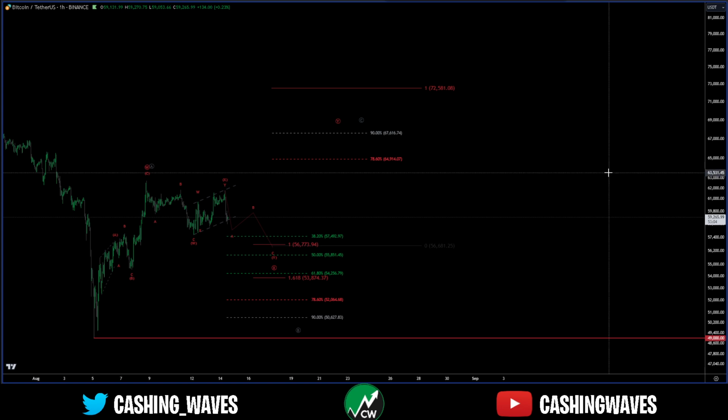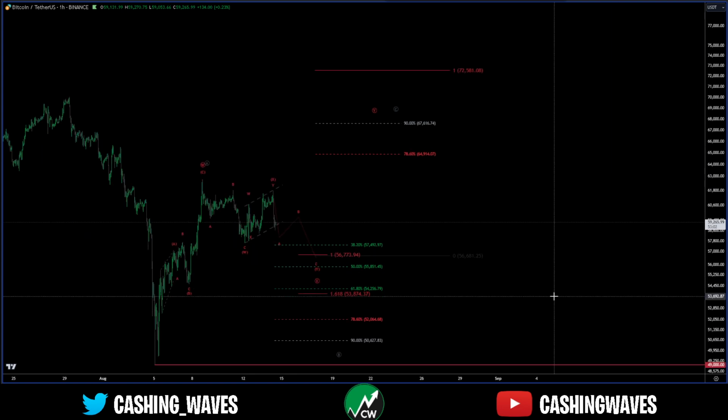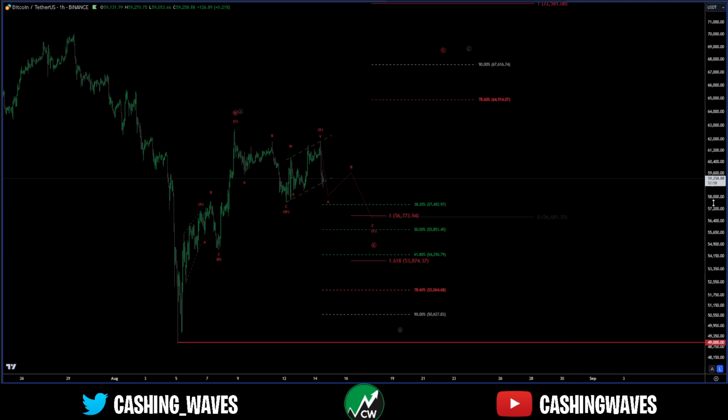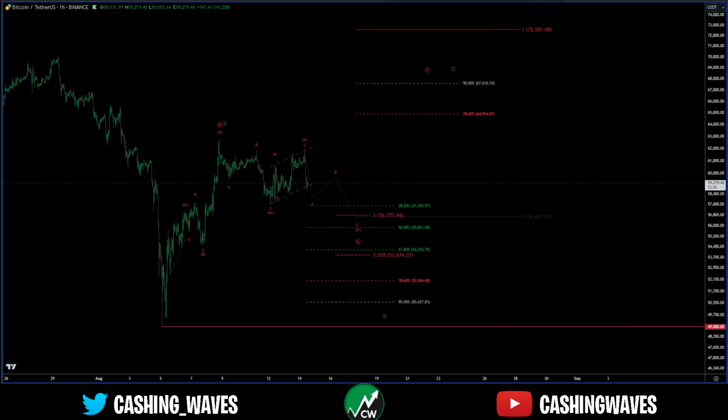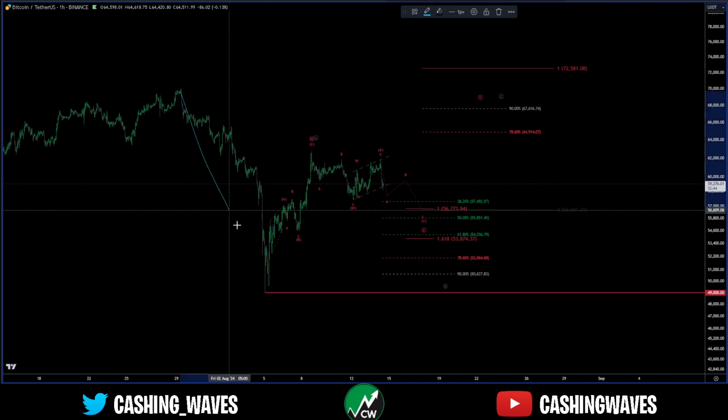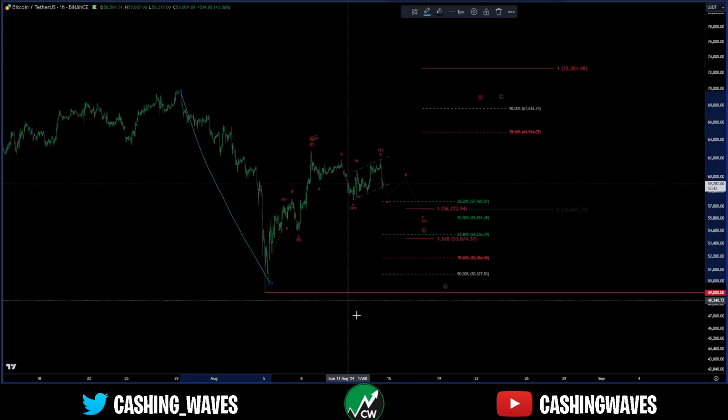Finally, this is my primary. I actually think we are still in the middle of a correction, and we're about to get a higher Y wave. And this is our A wave within our Y on the larger degree.